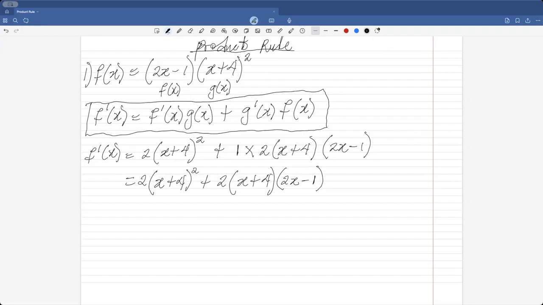So in this case, if I factorize completely, my final answer will be nothing but 2(x + 4)[(x + 4) + (2x - 1)]. And this is our final answer.